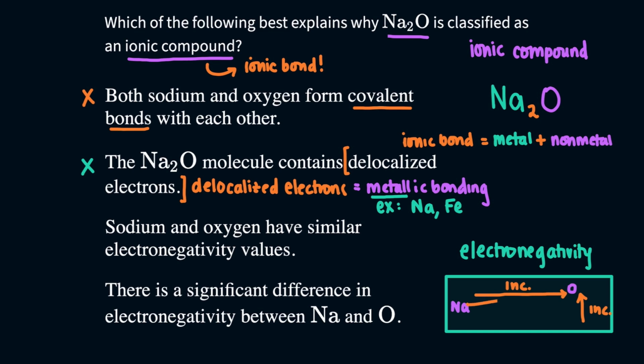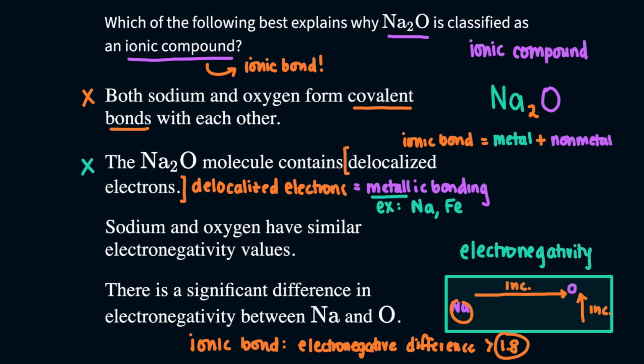But they're greatly on different scales of the periodic table. One's even a metal, the other one is a nonmetal. They would have big differences in electronegativity. And just know that if you do classify as having an ionic bond, which we do have here, the electronegativity difference, meaning that if we did get the actual values and subtracted these two, it would have to be greater than 1.8, which on the scale of electronegativity is the highest realm.